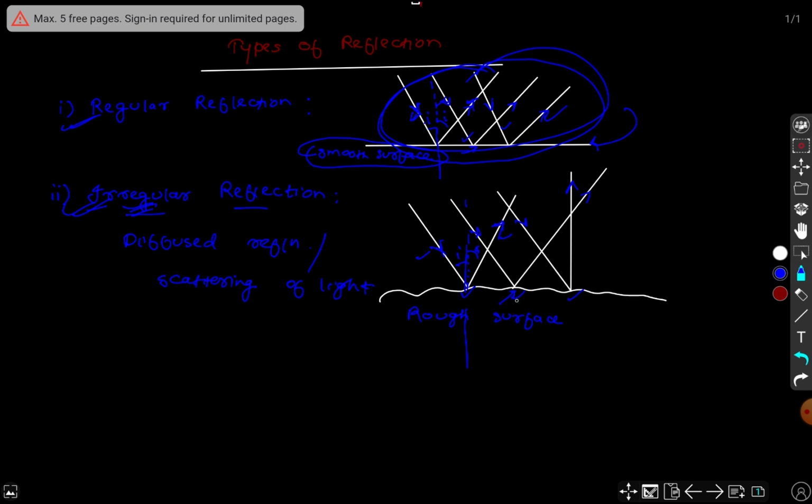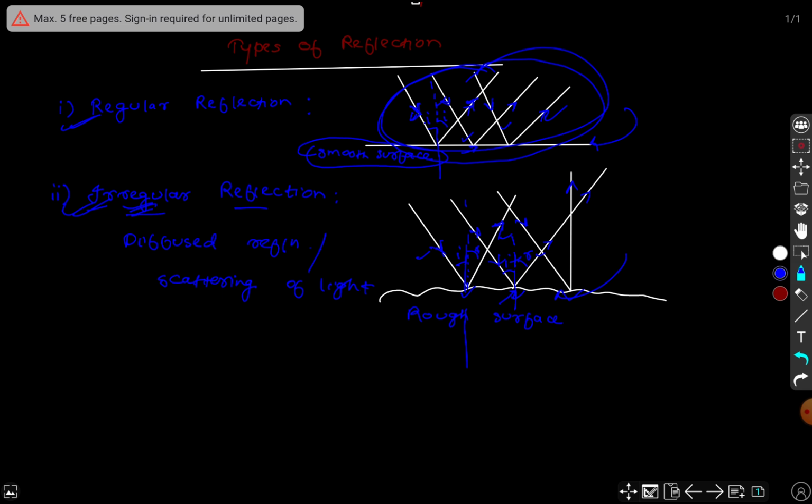At this point too, we have the incident ray, the reflected ray and the normal, all three lines are in the same plane, and angle I is equal to angle R. Although the surface is rough and not smooth, at the microscopic level, at each point, the laws of reflection are being obeyed. Each light ray is obeying the laws of reflection at that point.